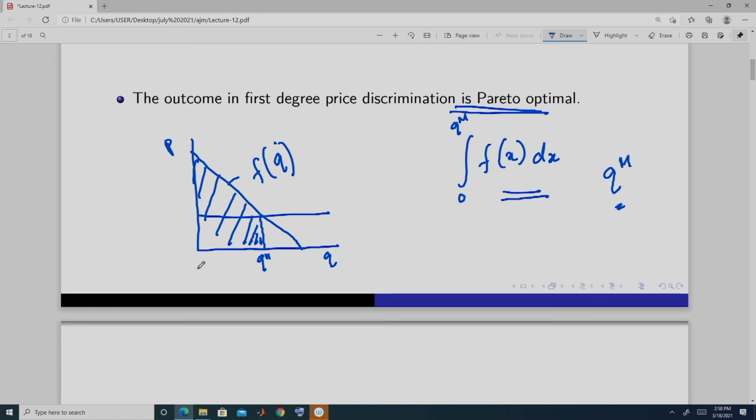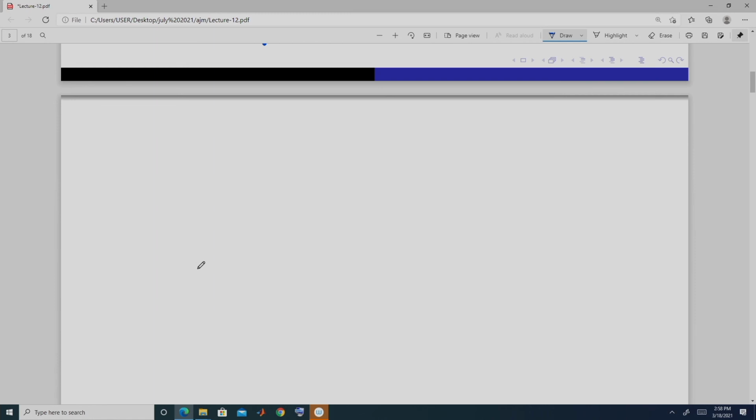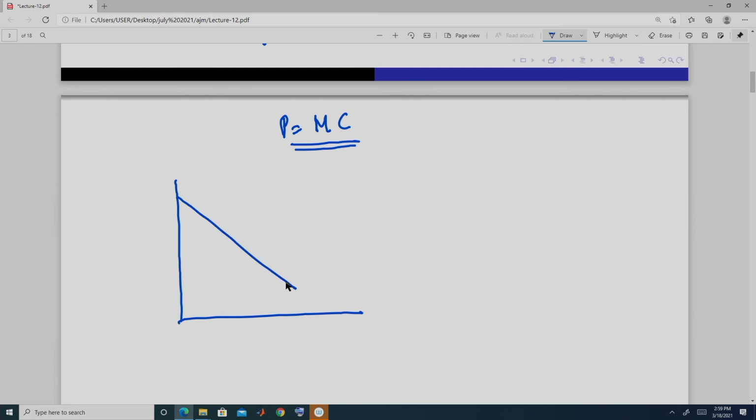Why? See, take the case of a competitive outcome. In a competitive market, we know that price is equal to marginal cost. So, the output produced is such that price is equal to marginal cost. So, suppose the demand curve is this and the marginal cost is this, then the competitive outcome would be this much quantity, because at this quantity price is equal to marginal cost.